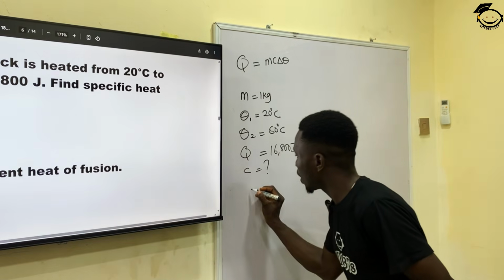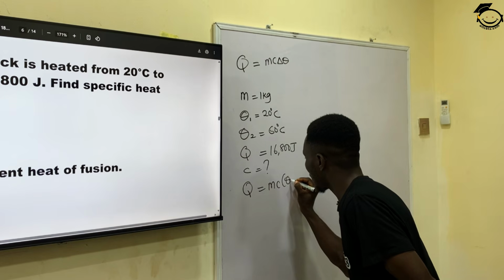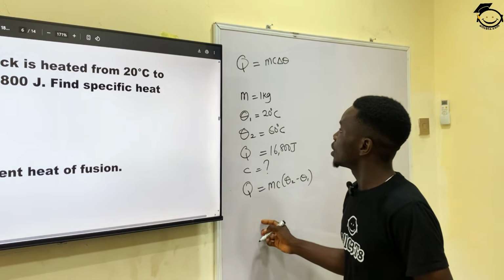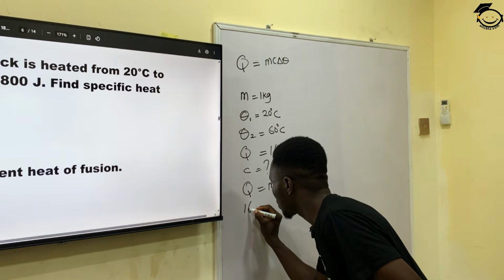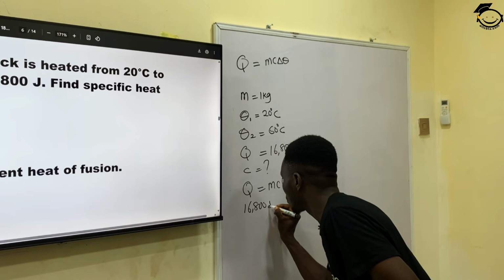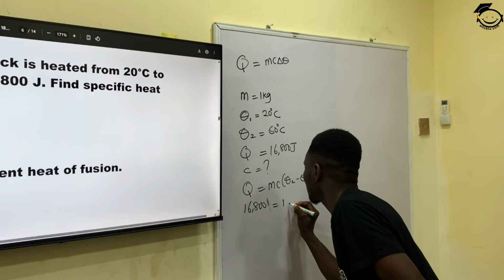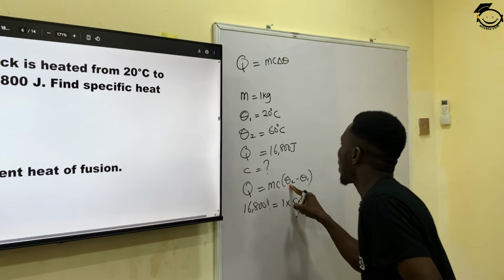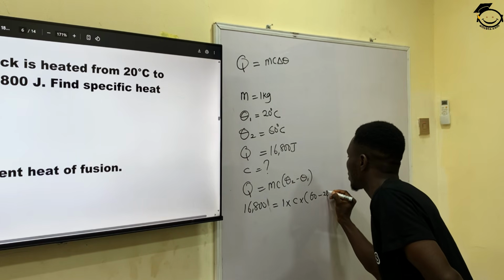And we know that our formula says that Q is equal to mc(theta 2 minus theta 1). We have been given the quantity of heat, so we just input our quantity of heat, which is 16,800 joules, to be equal to the mass there, 1, times the specific heat capacity, which we do not know, times our change in temperature here, 60 minus 20.